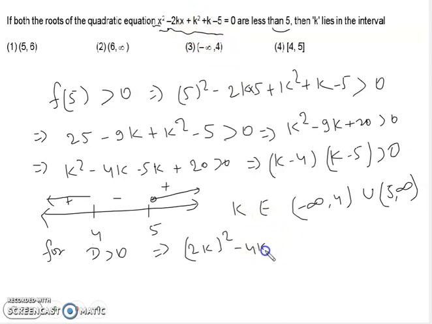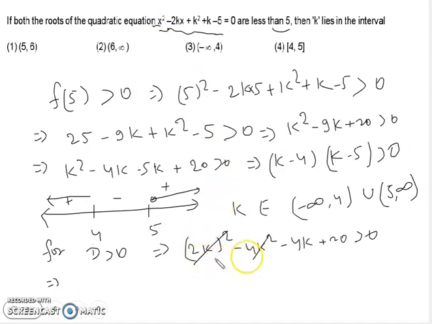So directly we can write k square minus 4k plus 20, greater than 0, right? Now we can write 4k square, and we can simply cancel it, because 2k square squared is 4k square.